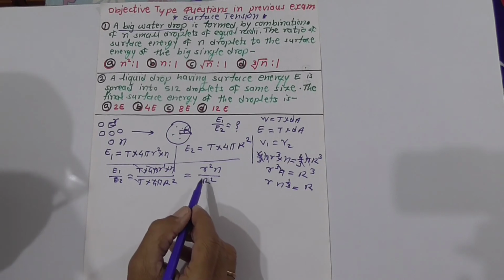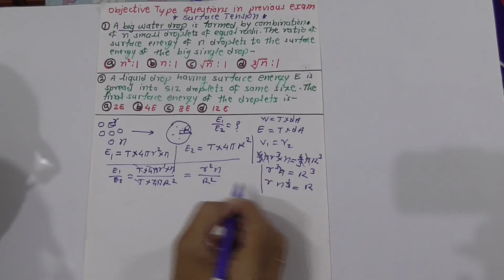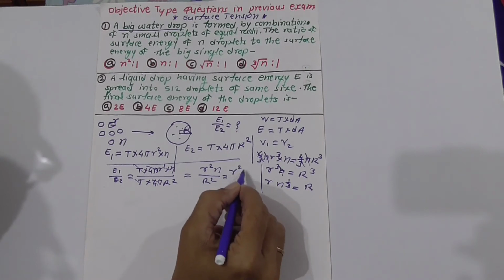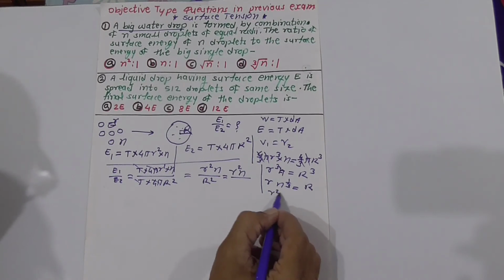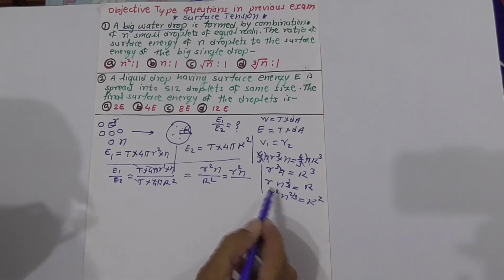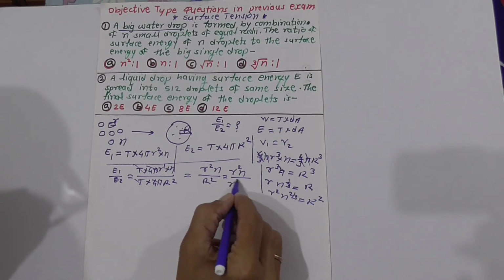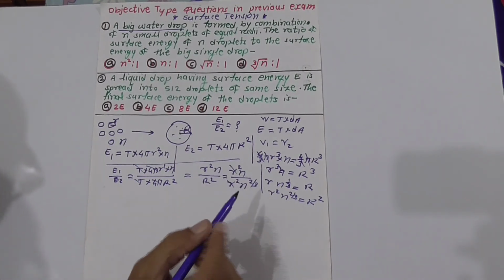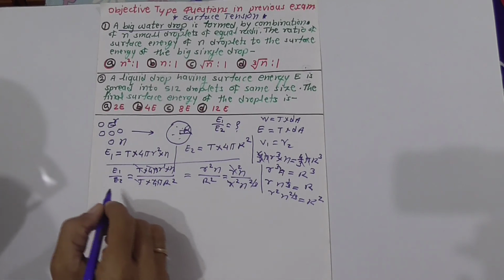Now, as there is r square upon capital R square, E1 upon E2 can be determined this way. r square as it is, n upon capital R square, which is r square n raised to 2 by 3, taking the square of all these terms. Here r square gets cancelled. n upon n raised to 2 by 3 means n raised to 1 minus 2 by 3.